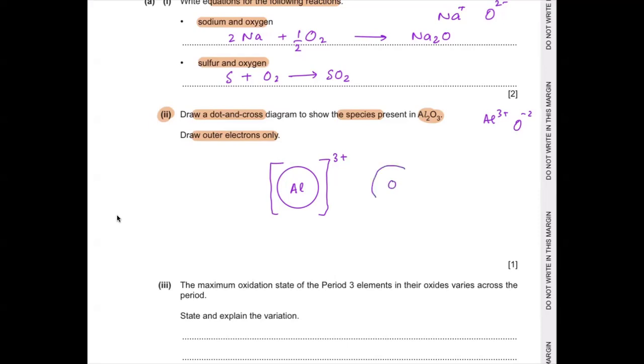Then for oxygen, the valence shell has 6 electrons of its own. So 1, 2, 3, 4, 5, 6, and 2 electrons were gained. That's why it gets a -2 charge. So enclose it in a square bracket and put -2 as the power. Okay.